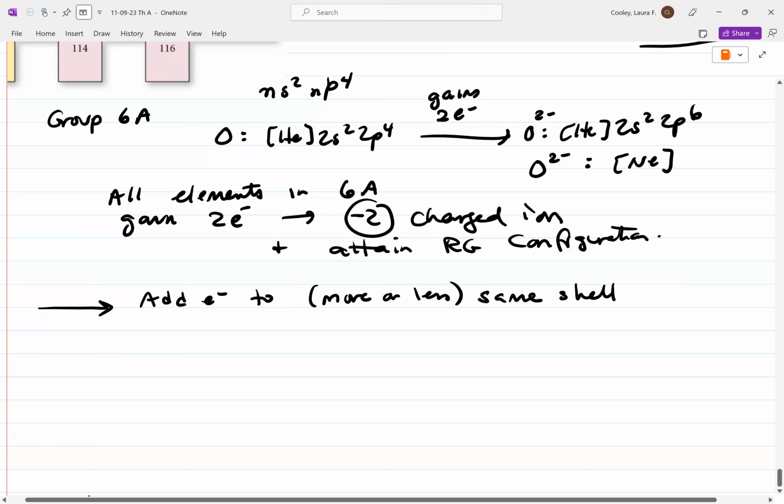So we just call it the same shell to try to be sort of general about it. Otherwise, we can be driven crazy. That's what happens as you go across the periodic table. As you go down the periodic table, you basically add entire shells, but the elements all have the same outer shell electron configuration.